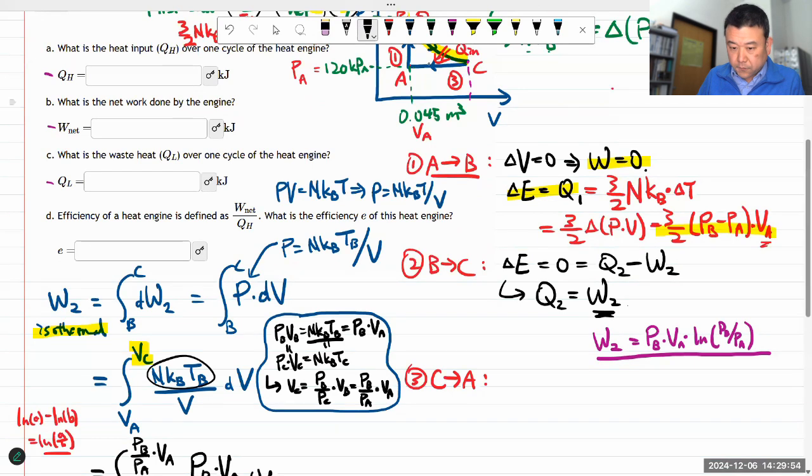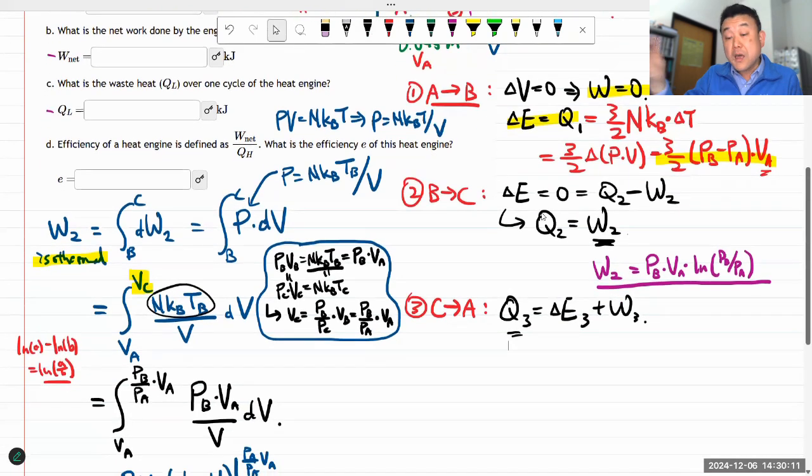So you rewrite the first law into this form. The heat transfer in process 3 is equal to the change of internal energy in this process plus the work being done in this process. So in some sense it's more complicated than the other two that we've been dealing with, but each of these parts is kind of simple.